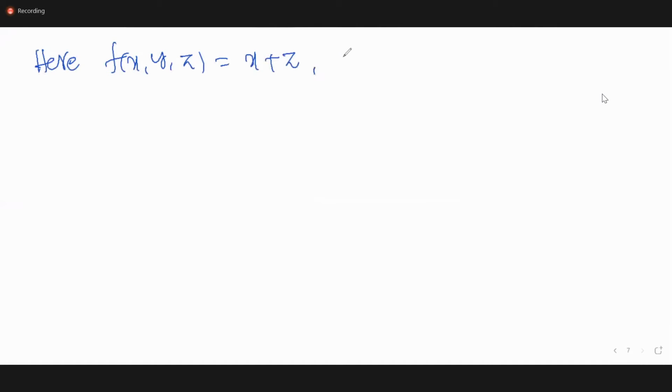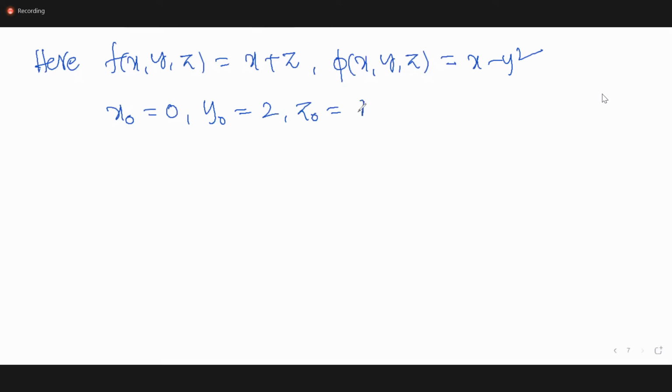Next, phi of x comma y comma z is equal to x minus y square. Next, x naught is equal to 0, y naught is equal to 2, z naught is equal to 1.